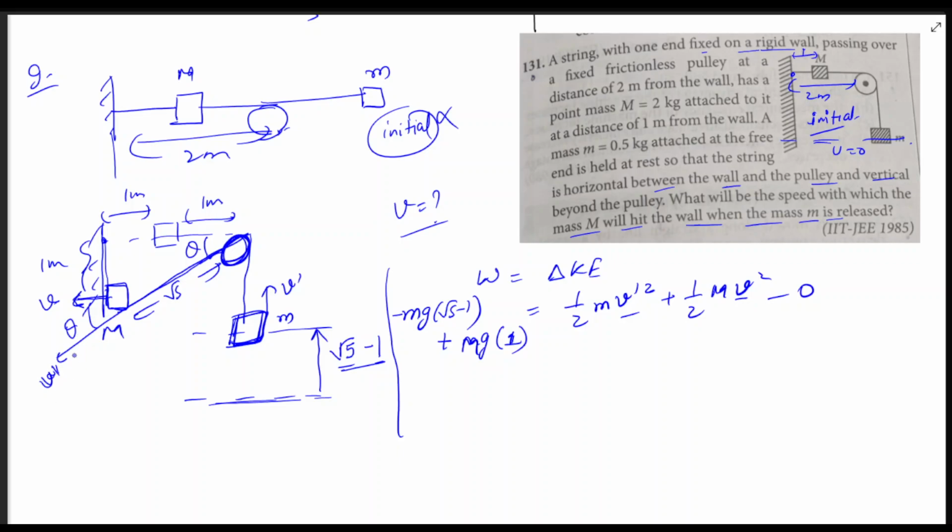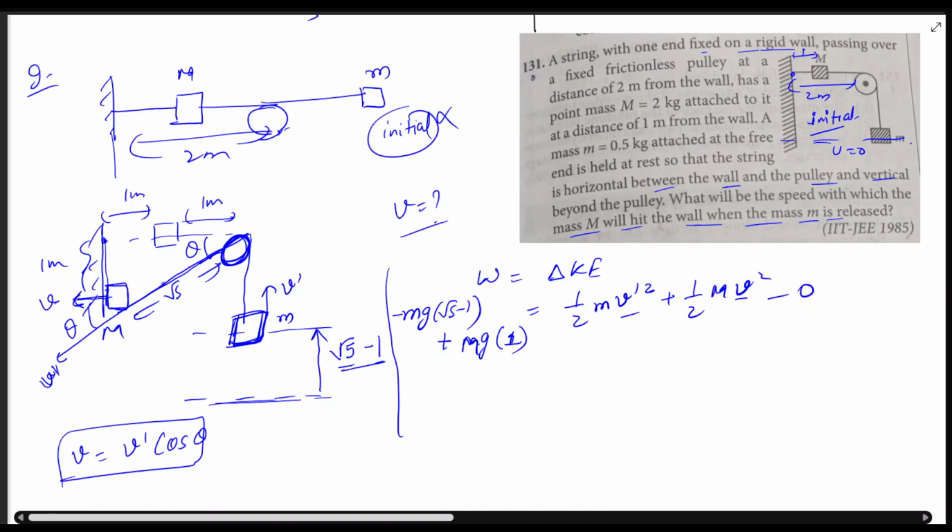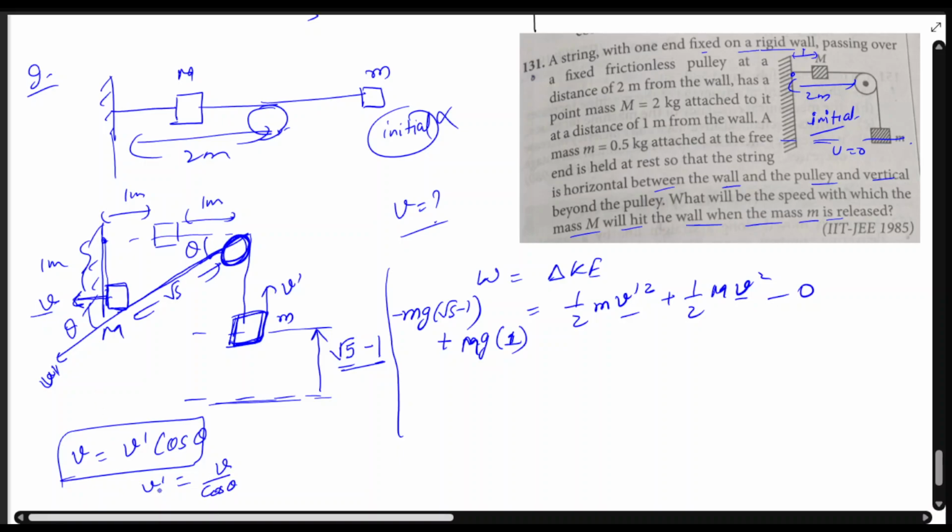So we will have v dash cos theta as v. So we'll write v is equal to v dash cos theta, right? Now cos theta we can find, it will be 2 by root 5. So if we want to find v, then we put v dash as v upon cos theta.